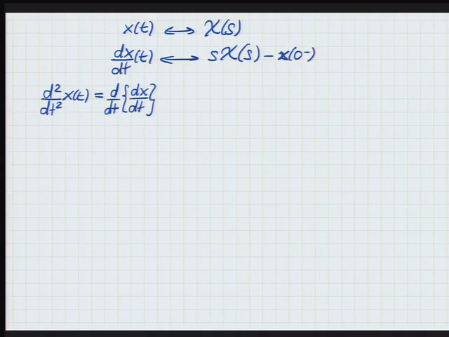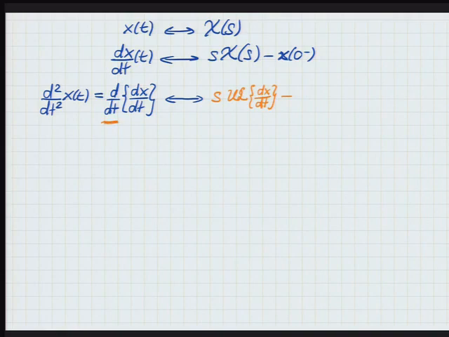I already know the unilateral Laplace transform of dx/dt in the line above, so I have to apply the same rule again. So accounting for the outer derivative now, we have s times the unilateral Laplace, I'm inventing some notation for it now, of dx/dt minus what?